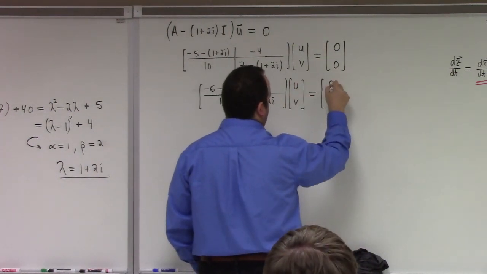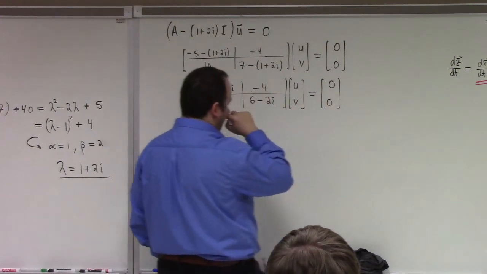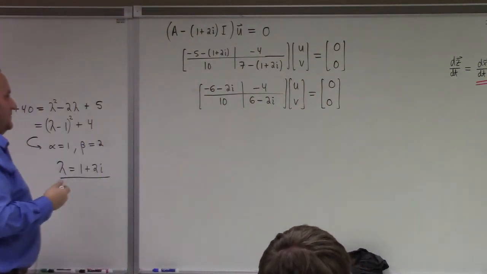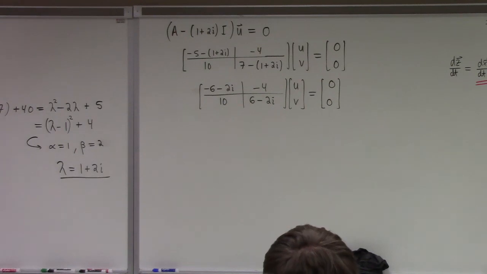So it's harder to tell if you're right in this case. Like in the real case, it's pretty obvious when you have the same equation repeated for a 2 by 2 case, right? You can just kind of eyeball it. But here, it requires a little bit more courage to go on without checking. I will do that though.